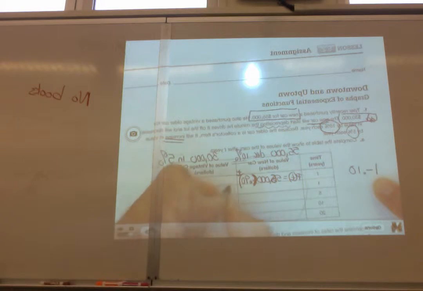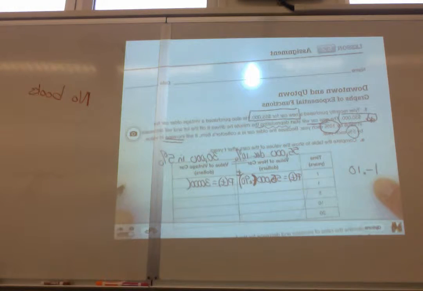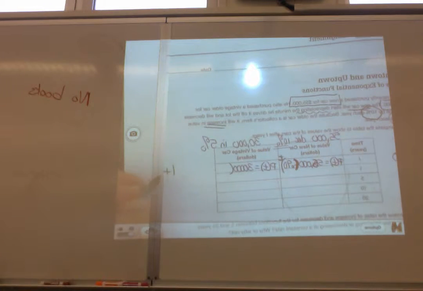Now this one is going to be P of t equals 30,000 times 1 plus, you can't see that, 0.05. So this one's increasing by 0.05.